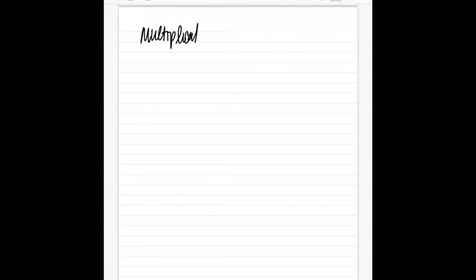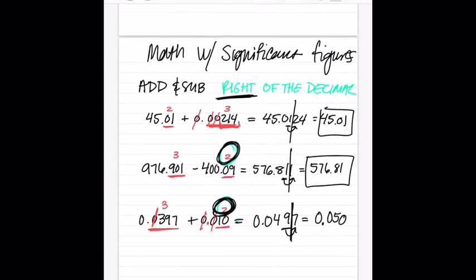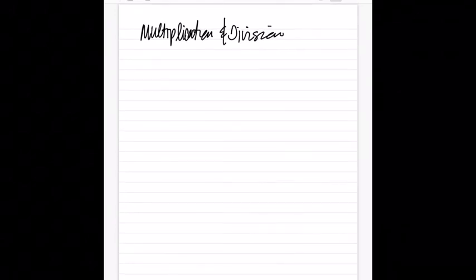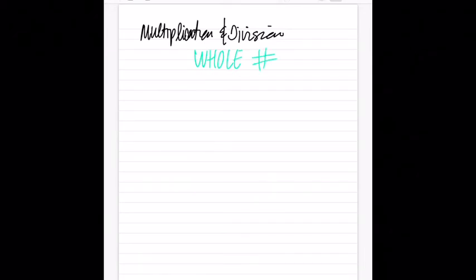So let's move on to multiplication and division. Okay. So up here, we looked at what's to the right of the decimal. We are now going to be looking at the entire number. All right, examples.